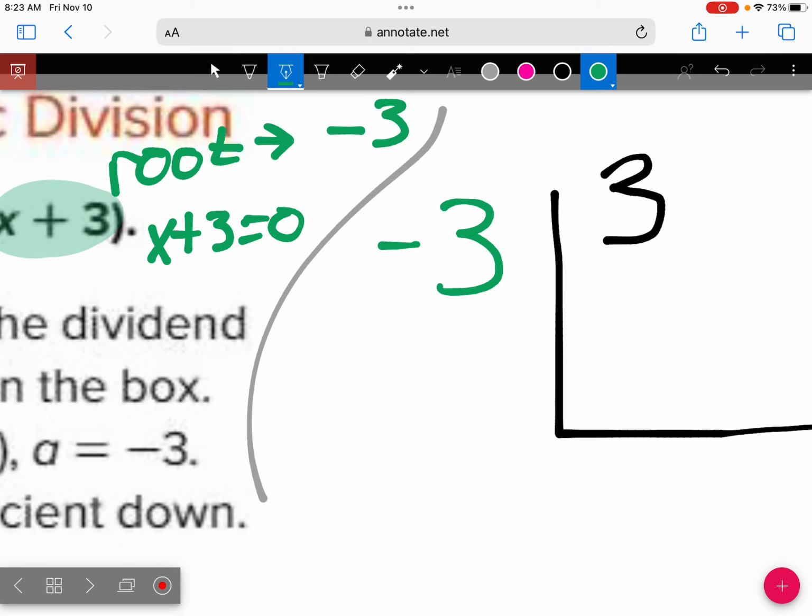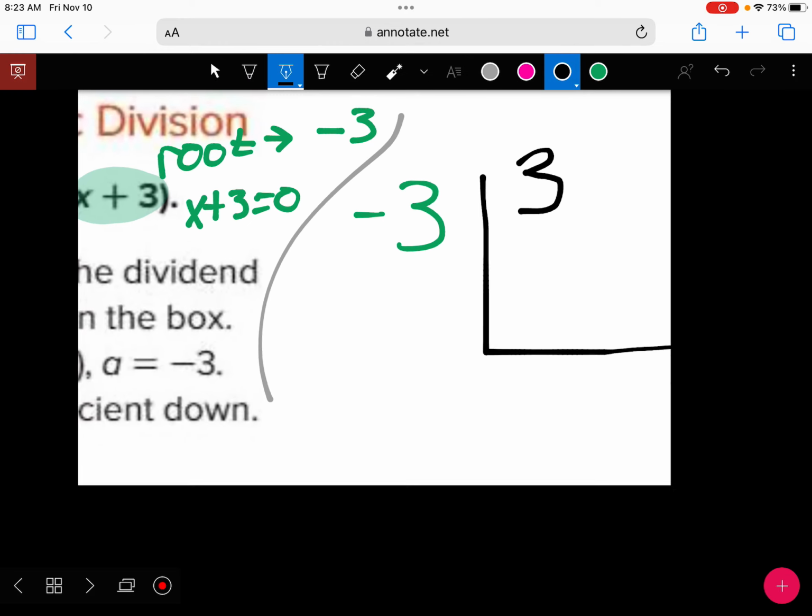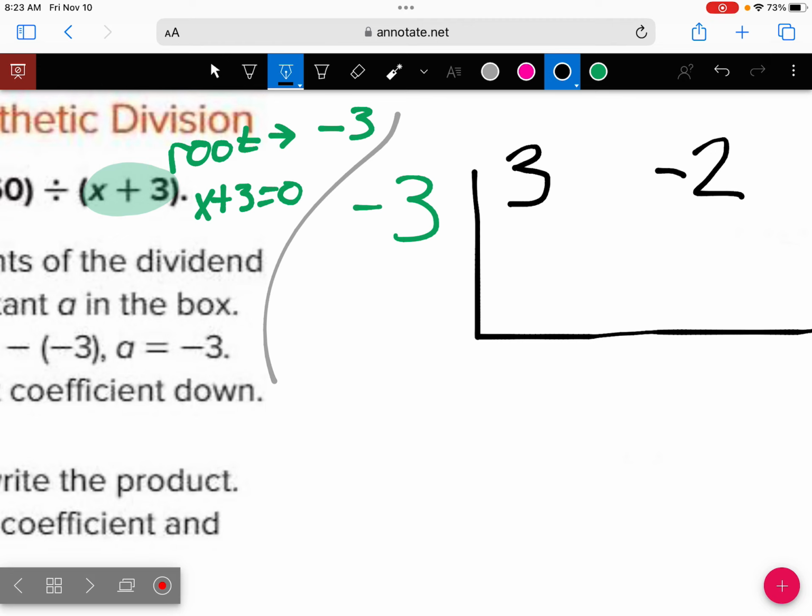Next, we're going to start the process. It's going to feel super weird, like we're doing one of those math tricks with emojis. Our first number drops. So the 3 just comes on down, and it goes below the line.